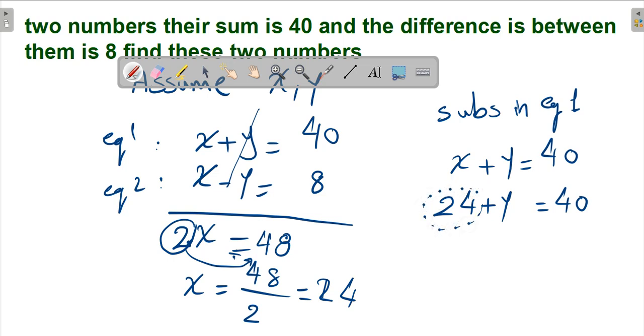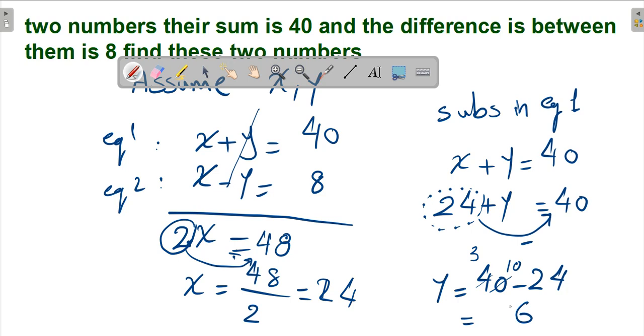Send it to the other side by subtraction. Y equal 40 minus 24. 0 minus 4 is nonsense, so 0 will be 10, 4 will be 3, 10 minus 4 is 6, 3 minus 2 is 1. Okay?